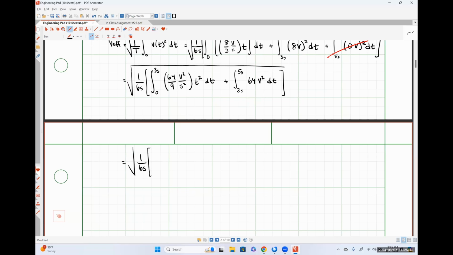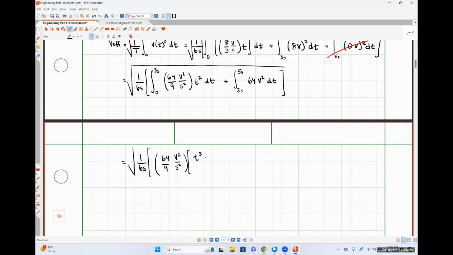So what is, actually, we can pull that 64/9 out. So what is the integral of t cubed? T to the third divided by 3. Exactly right.